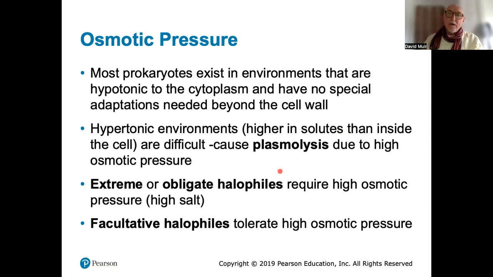They grow very well in areas, for example, like natural salt pans or artificial salt pans. If you've ever flown over the San Francisco Bay Area, you look out the airplane window, you'll see there are still commercial salt pans there, which are often very brilliantly colored red, purple, bright green. These are extreme obligate halophiles growing there in the salt water.